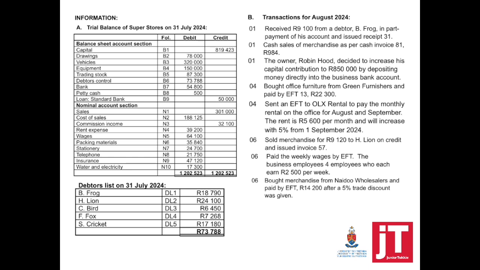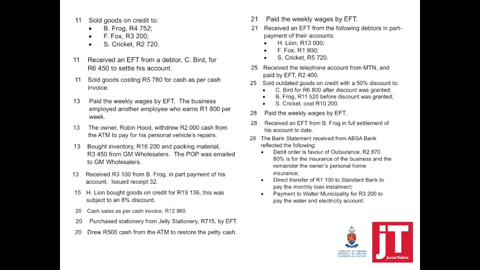Then, secondly, all the transactions must be posted now to the relevant journal. That will be either the debtors journal, the cash receipts journal, or the cash payment journal. On a daily basis, where a debtor is involved, you have to take it immediately to their account in the debtors ledger.